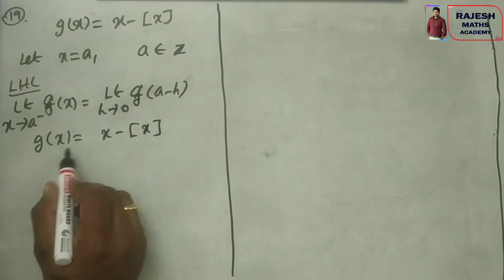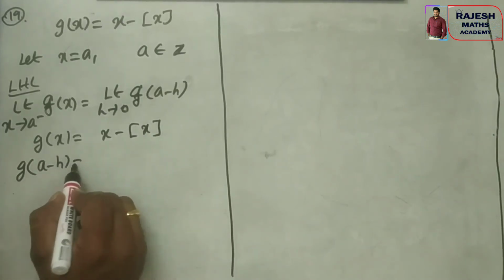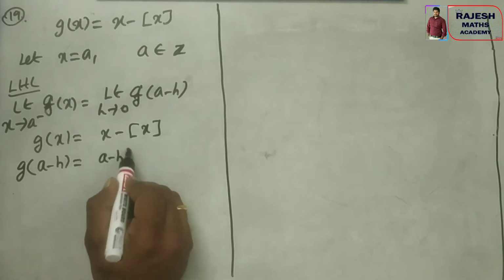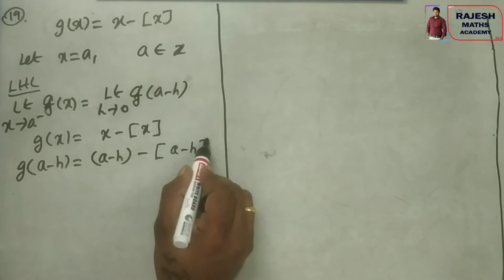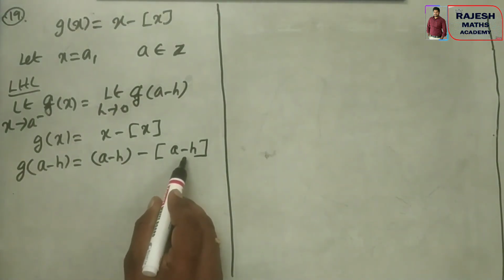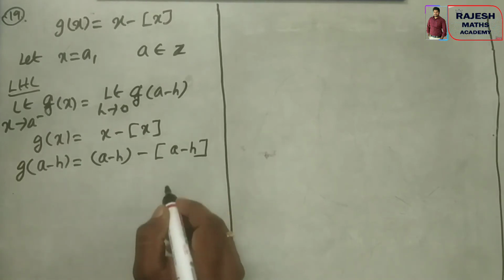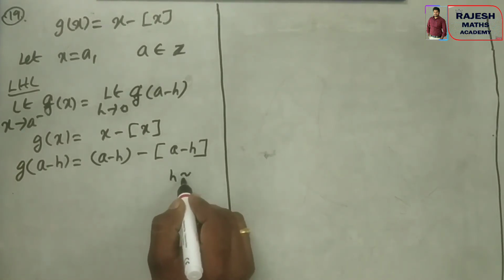Replacing x with a minus h, g of a minus h equals a minus h minus the greatest integer of a minus h. Clear? Now we are going to find the greatest integer of a minus h. Just see this case, where the value of h is very near to 0.